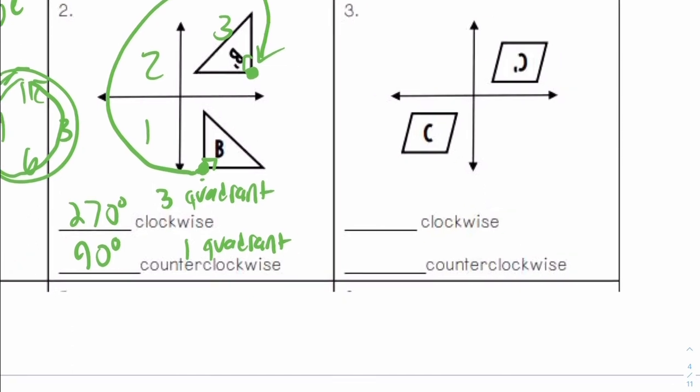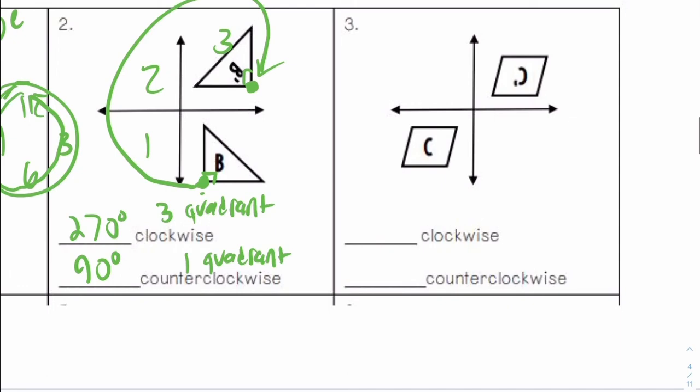Let's see about this one. Well, the only hint that we have that this is even a rotation is that the C is upside down over here. The C on number 3, they put the prime at the bottom, which means it's really upside down. So let's get this outer corner.